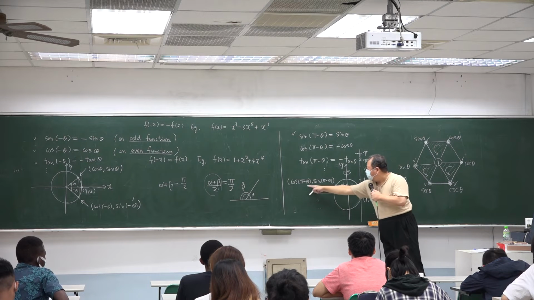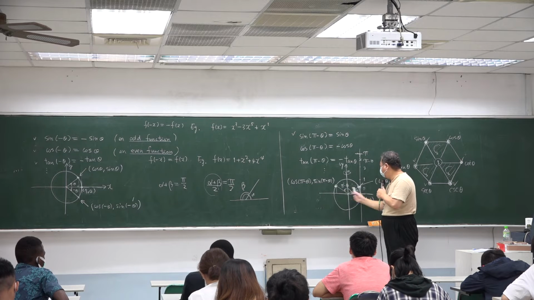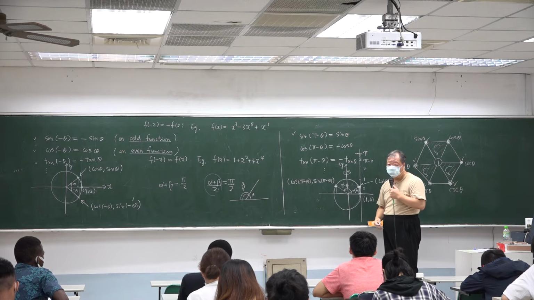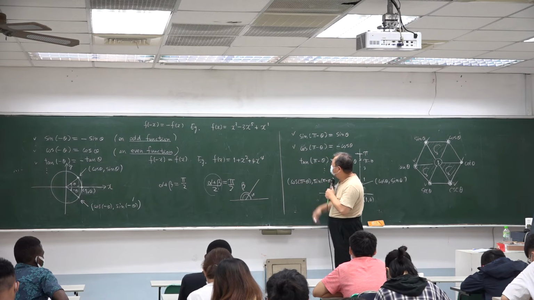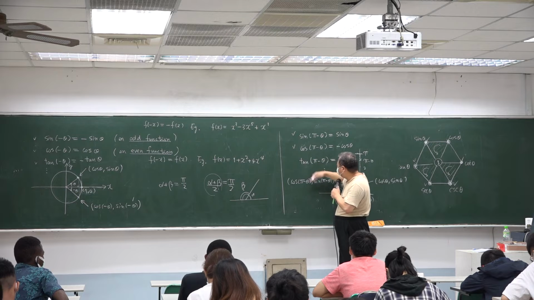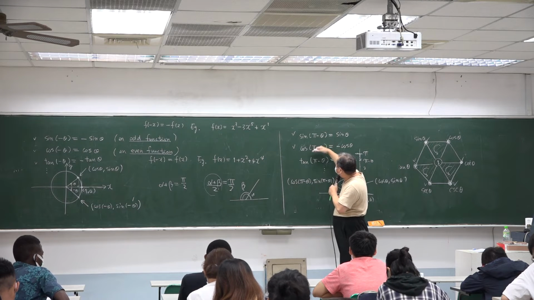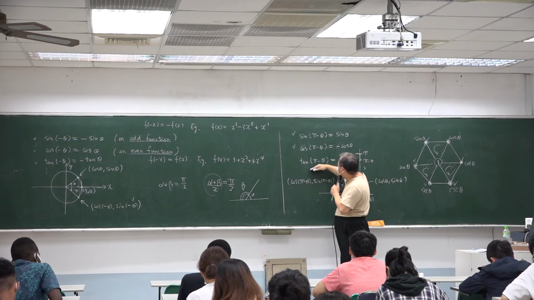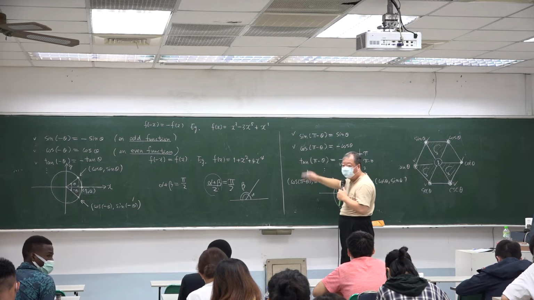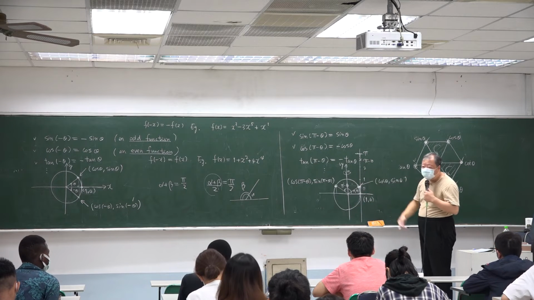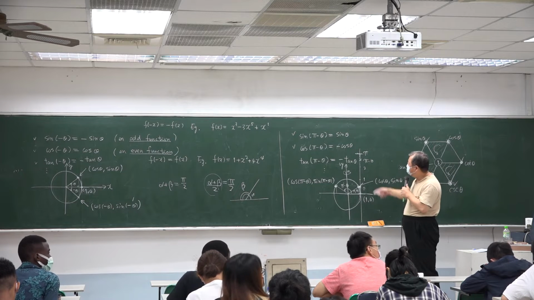And the x coordinates will be negative to each other. So the second one is also obtained. Then the rest four can be obtained from these two identities, because tangent is sine over cosine, cotangent is cosine over sine, and so on. Secant is 1 over cosine.